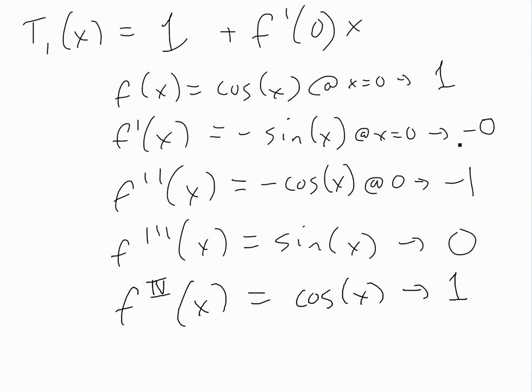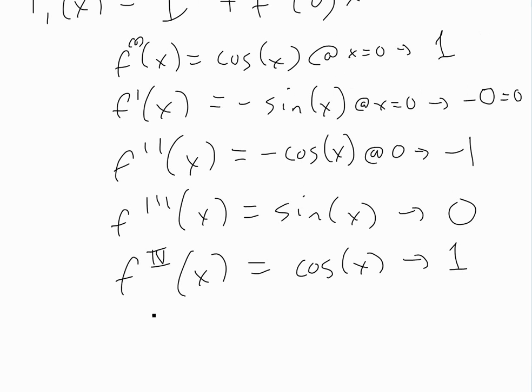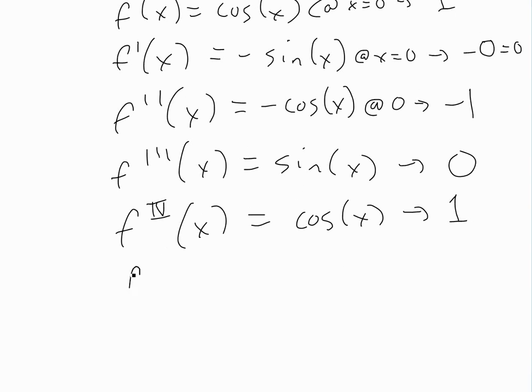So our pattern here is 1, 0, negative 1, 0, 1. And then you can see from this pattern, for 5, we'll just write 5 here. This just equals 0. And then f6.